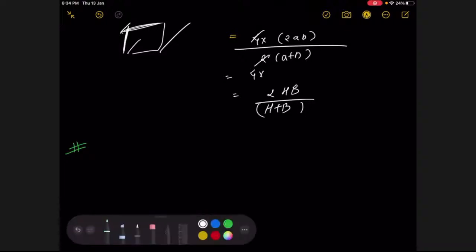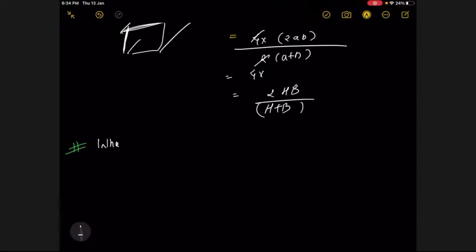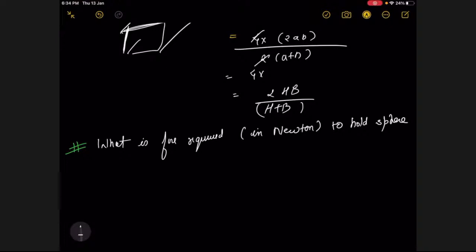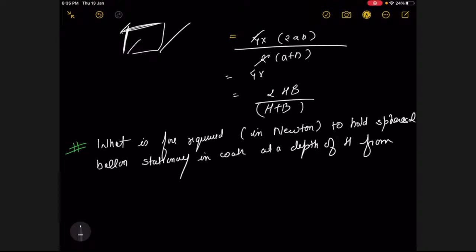Next, very good question, which is again very time the GATE has asked this. What is the force required in Newton to hold a spherical balloon stationary in water at a depth of h from the air-water interface?